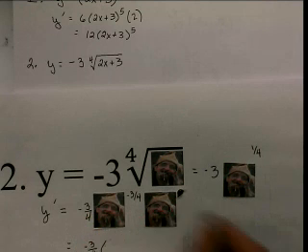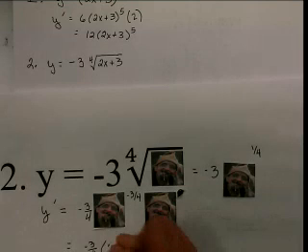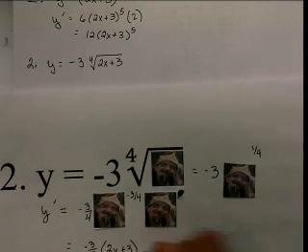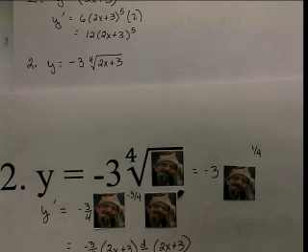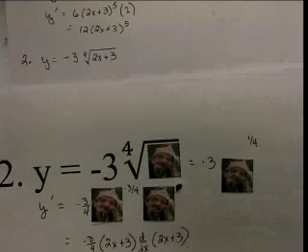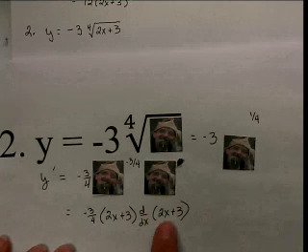Only in the place of the ugly, you really have a 2x plus 3. Here's how you're going to have to write the derivative of the 2x plus 3. But really, it's easier to not write that down and just say the derivative of the 2x plus 3 is just 2.